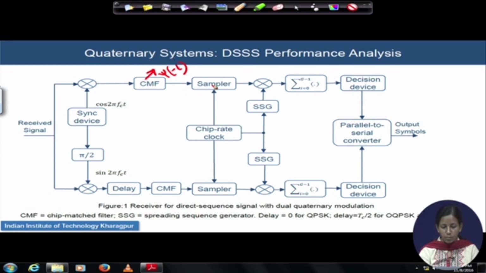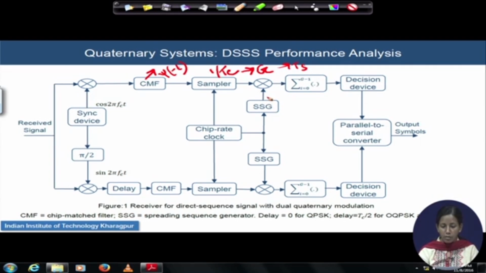The matched filter was followed by the sampler. That sampler was sampling the incoming signal at the chip rate. The sampler and the locally generated spectrum signal were in sync by the chip rate clock, and the sampler was also responsible for generating G samples over the symbol duration Ts.